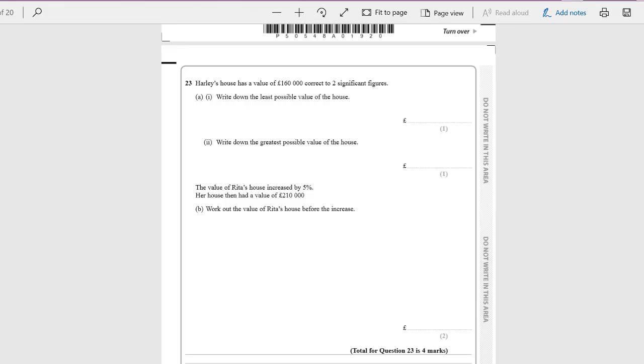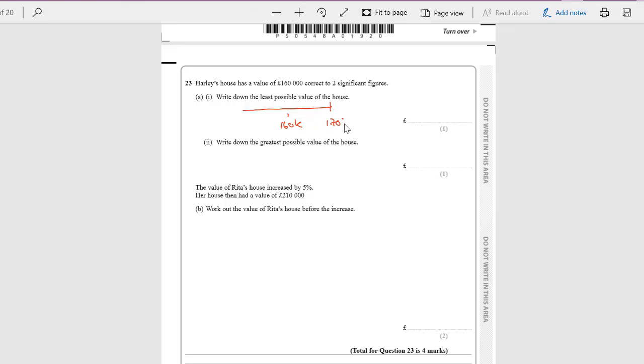And then the final question. Harley's house has a value of 160,000 correct to 2 significant figures, being the 1 and the 6. Write down the least possible value of the house. So if we draw something like this, I'm just going to put 160k because I don't want to keep writing out the zeros, for space.